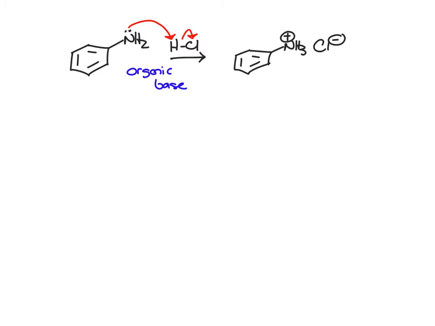Now what we can do now is think about having different groups on the ring. So we'll just put some group on the ring. And now, based on the identity of this particular group, we can think about the basicity of aniline, whether that group's going to make it more basic or less basic.